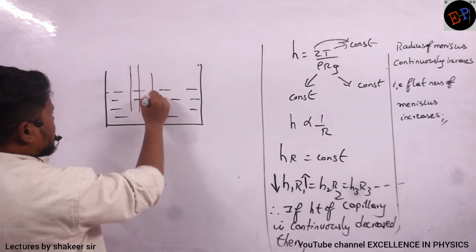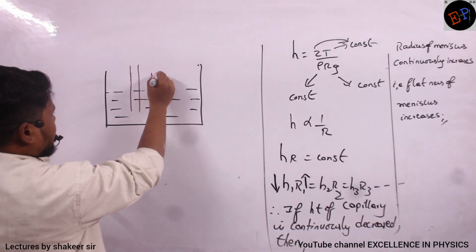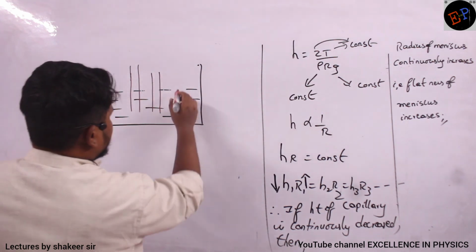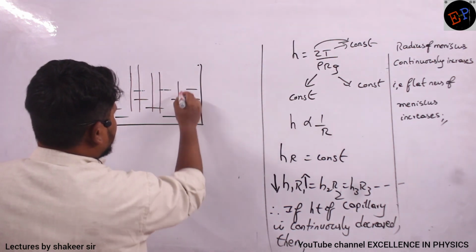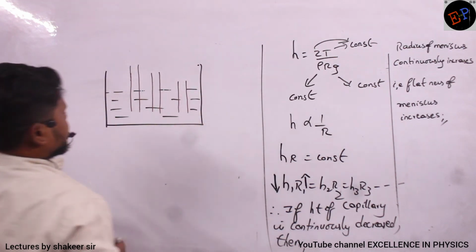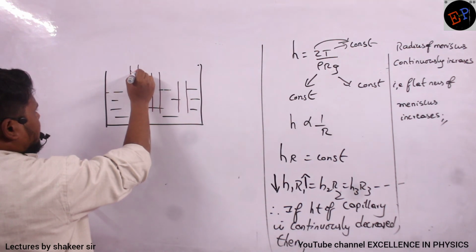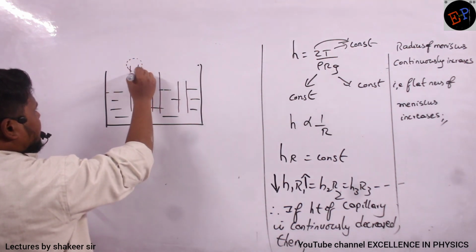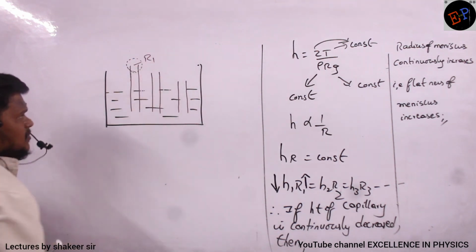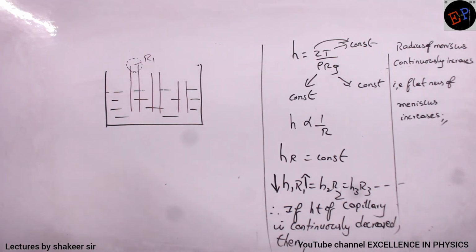This is another capillary of same thickness. This is another capillary of same thickness. So in the first one, the radius of the liquid meniscus will be this much, R1.